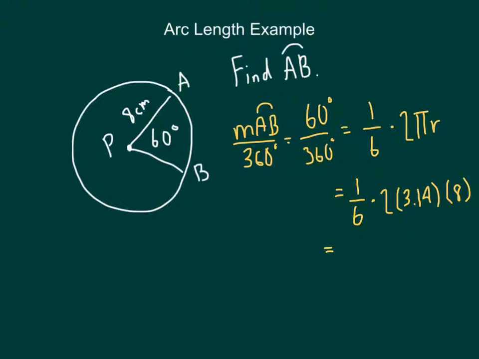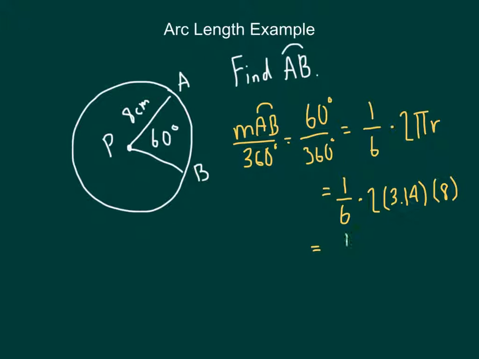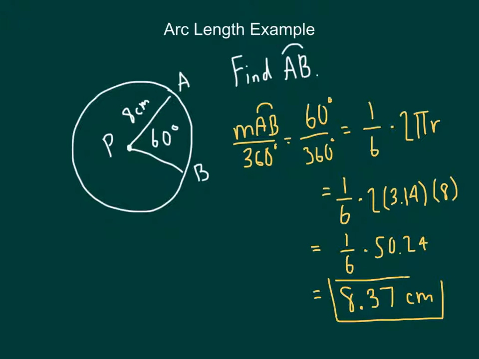And we get that the circumference is going to be 50.24. And then if we multiply 1/6 times 50.24, we get 8.37, and we're dealing with centimeters here, so 8.37 centimeters approximately, because our pi value isn't exact, but we're working with 3.14.